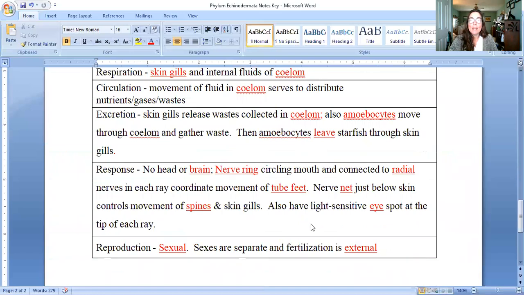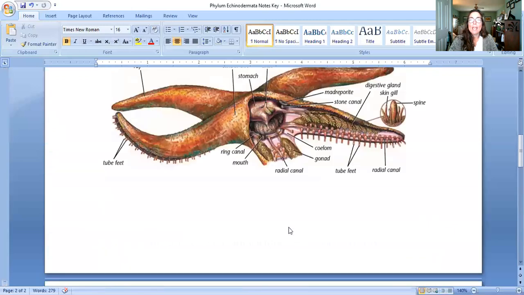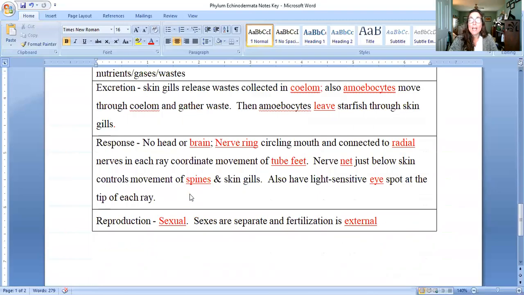They do have a nerve net that's just below the skin and helps control the movement of their spines and their gills. And at the tip of each ray, there's a spot that is light sensitive. It's like a special little tube foot that can detect light. It doesn't form an image, but it can tell if it's light or dark.